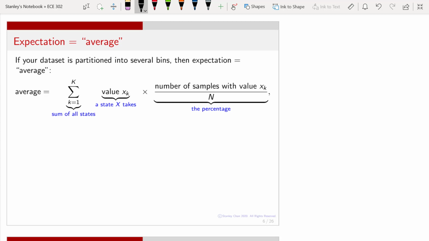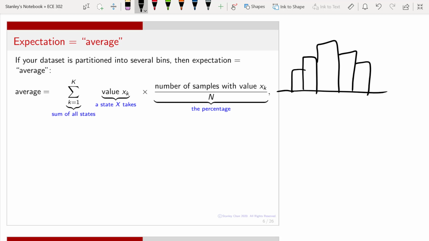Now, if you recall this histogram we just looked at before, which is the histogram of all the scores of the students, this histogram can tell you the mean, or it can tell you the average. How do you do that? Well, you put all the numbers into bins, and then you multiply the number of samples that takes that value with that value, xk, with pk.